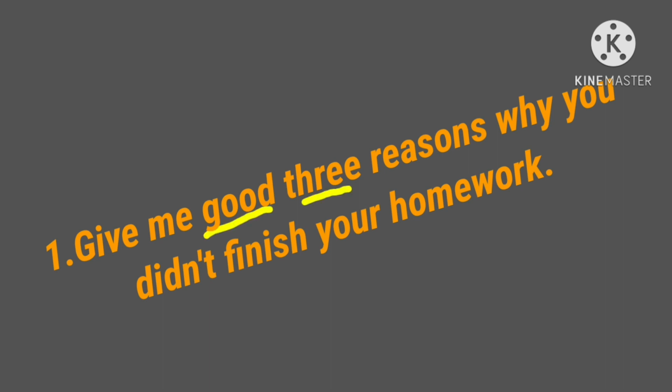Good refers to quality and 3 refers to number. Is the order written here right? No. According to the table, first we write the number and then quality. So, what is the answer? Give me 3 good reasons why you didn't finish your homework.